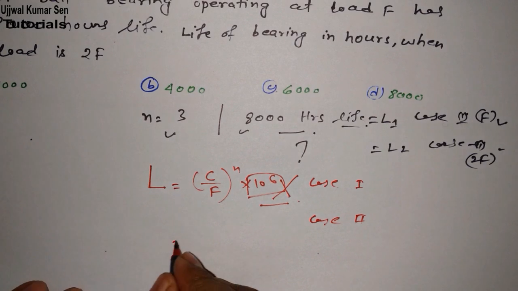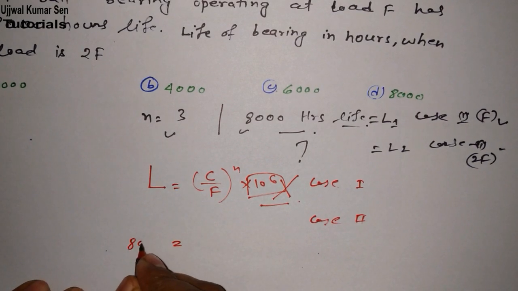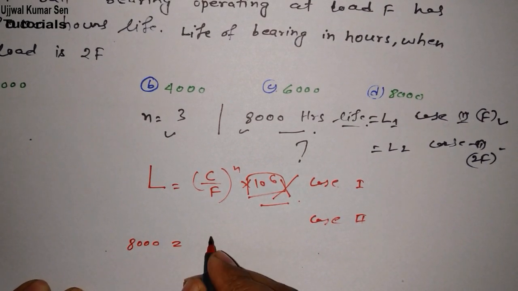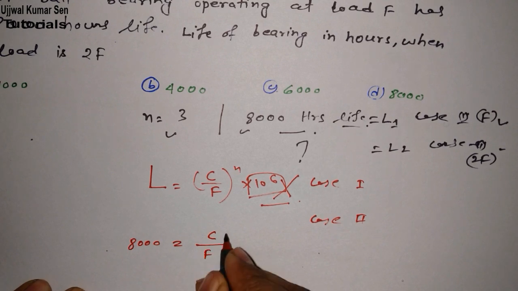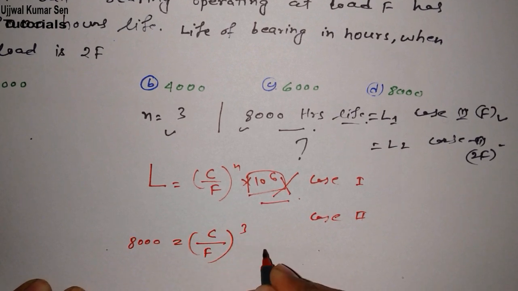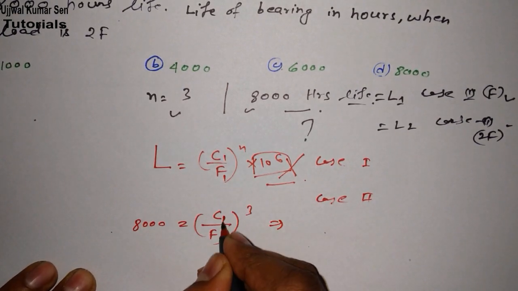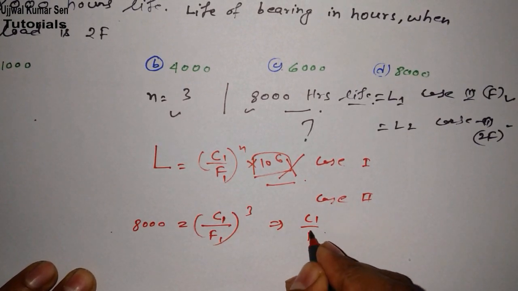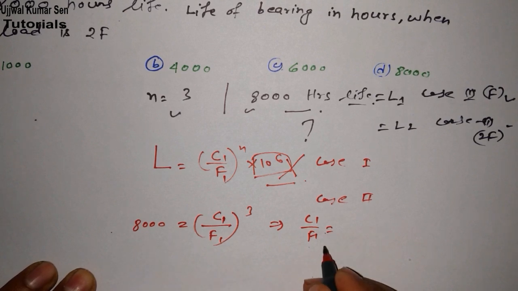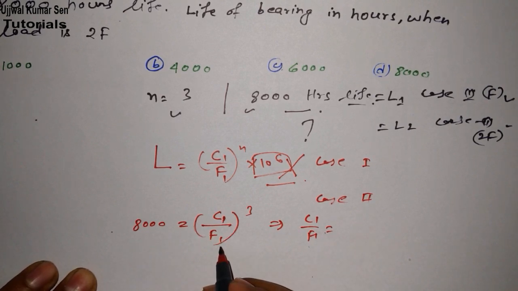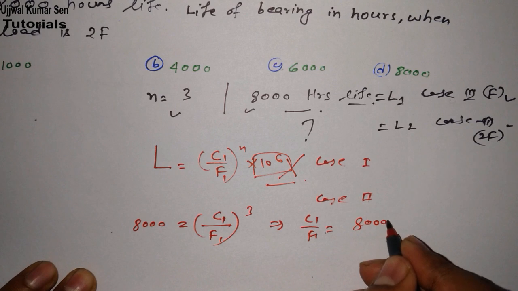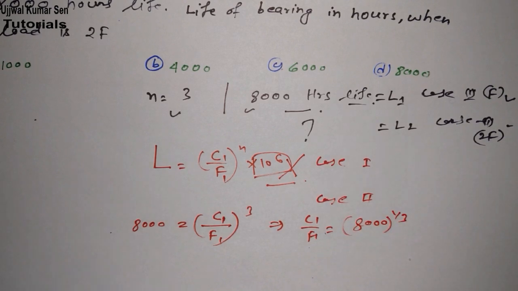Got it? Now L1 is equal to 8000. We don't know C, but we know F, and we know N is equal to 3. So let's say C1, F1. C1 by F1 is equal to 8000 to the power 1 by 3.